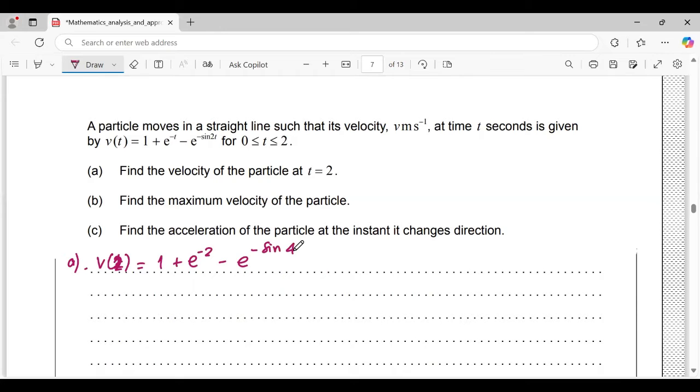This is sine 4 radians. I have checked on my calculator, 0.7568.